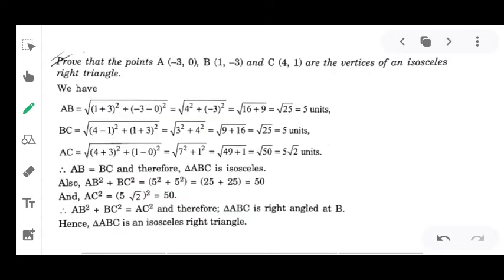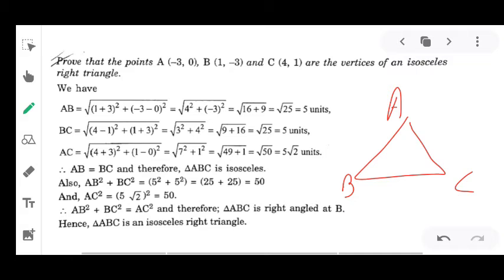Now prove that the points A (minus 3, 0), B (1, minus 3) and C (4, 1) are the vertices of an isosceles triangle. So this is the triangle ABC, and the coordinates of the points A, B and C are given.